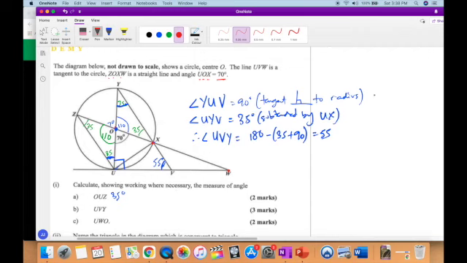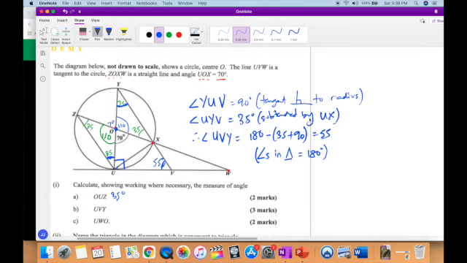Right, well look at that. 1, 2, 3 marks. But you would only get the full marks if you had explained everything. And we didn't even explain that. The last explanation is angles in a triangle equal 180 degrees. So make sure you put your reasons.